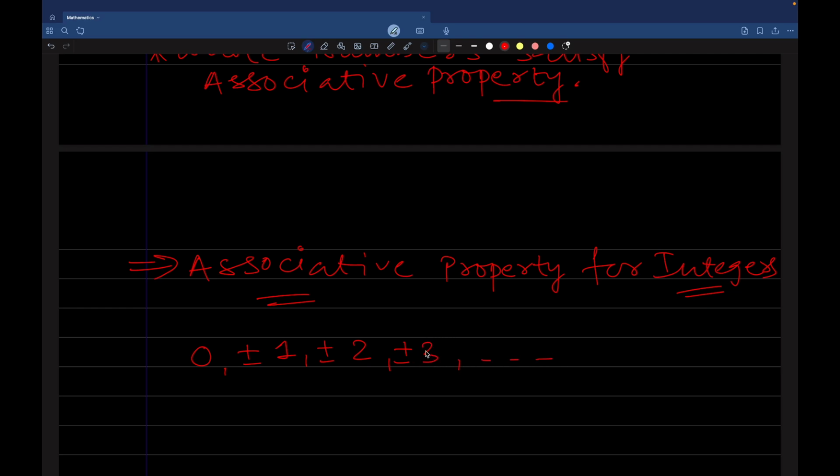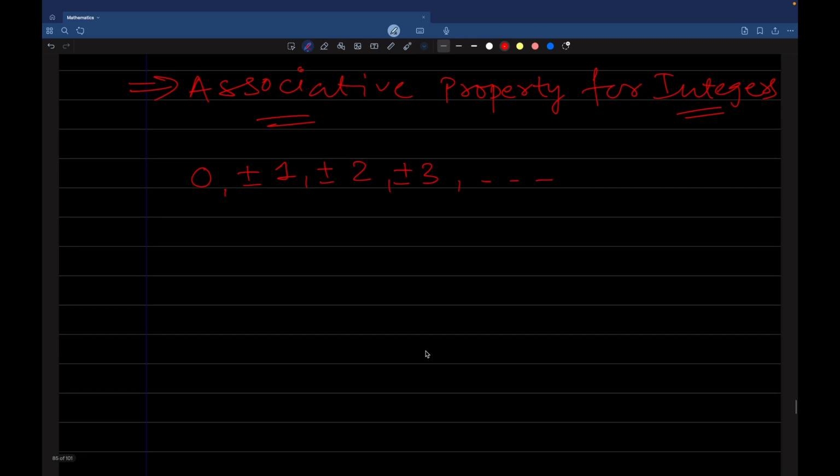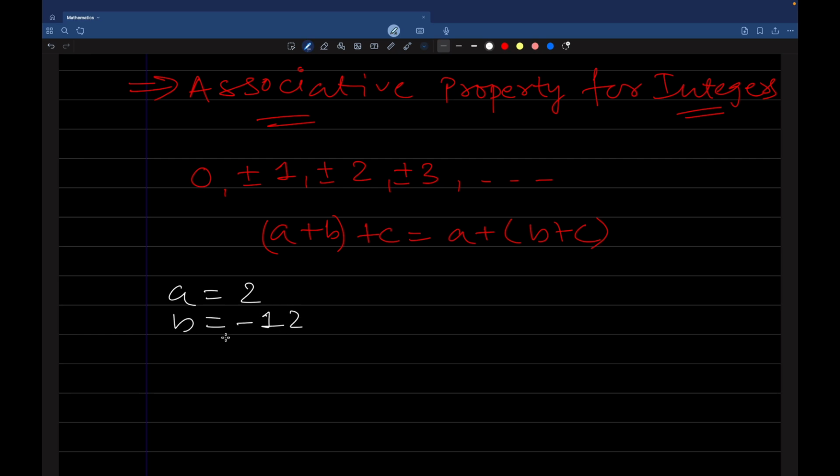It goes to plus infinity on one side and minus infinity on the other side. Now we need to check whether (A + B) + C equals A + (B + C) or not. Let's take an example: A equals 2, B equals minus 12 and C equals minus 6.